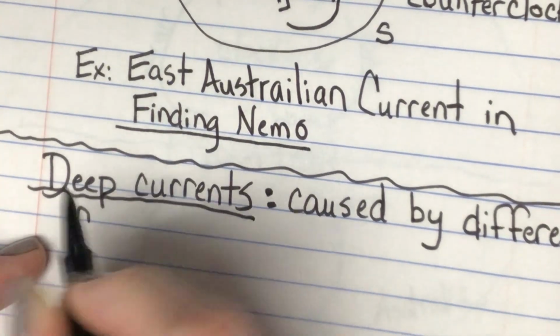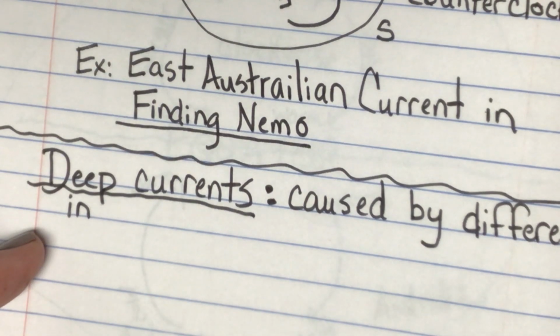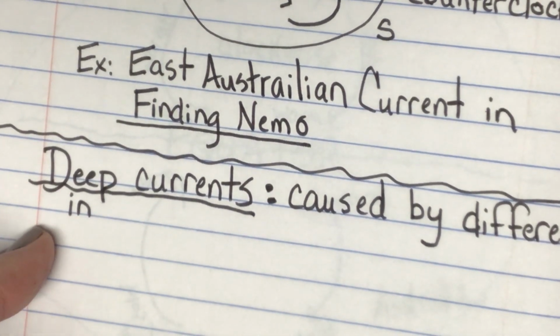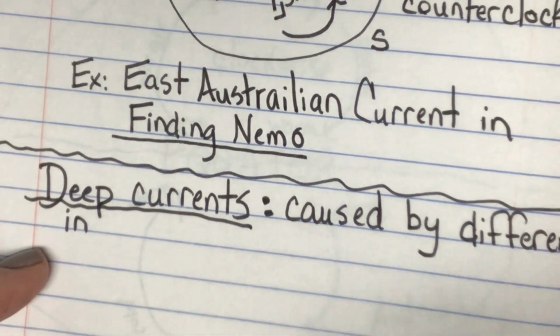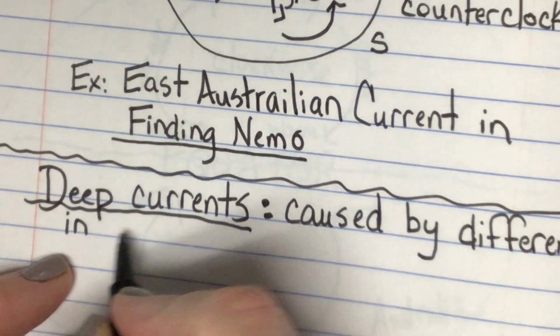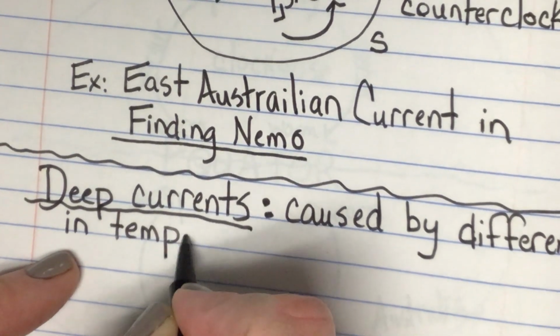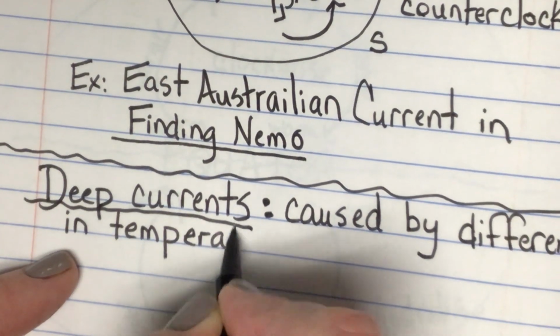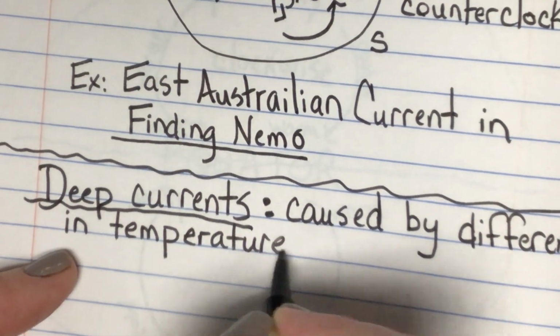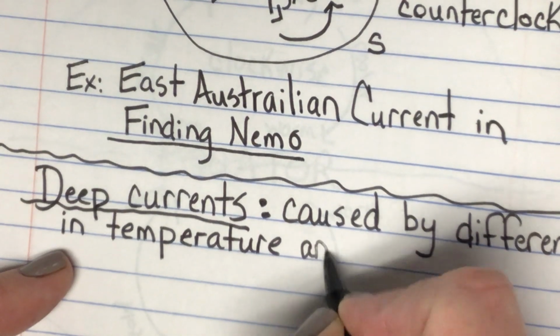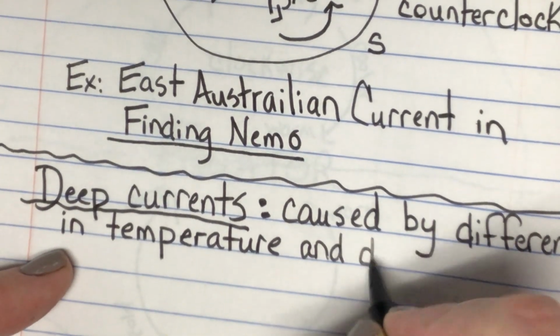If it's involving convection, what's one of the key things of convection? Temperature. Good. So caused by differences in temperature and density.